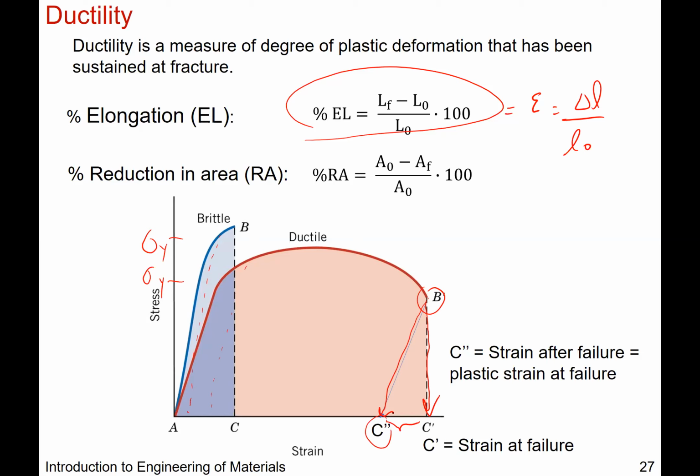So if you're in industry and somebody's asking you about strain at failure, you're really telling them this value right there, versus the plastic strain at failure, for which you would have to draw a line parallel to the slope of the elastic region and then read off that value. Okay.